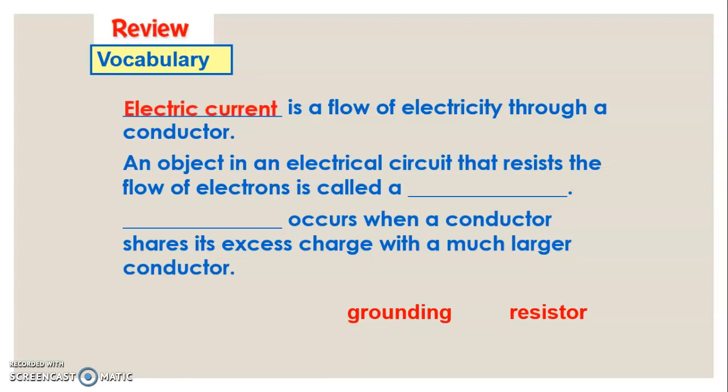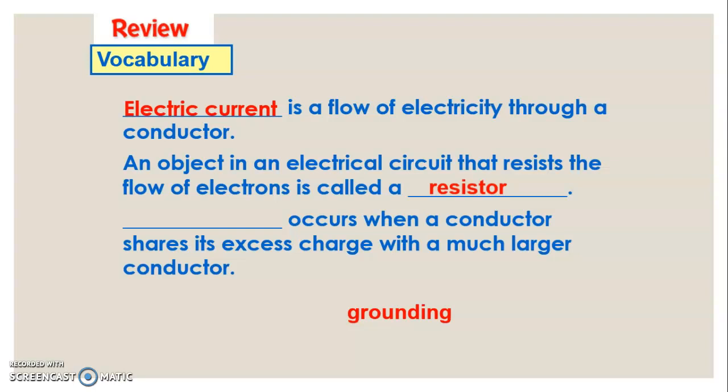Question number 2. An object in an electrical circuit that resists the flow of electrons is called a what? How do you call it? Resistor. That's correct.